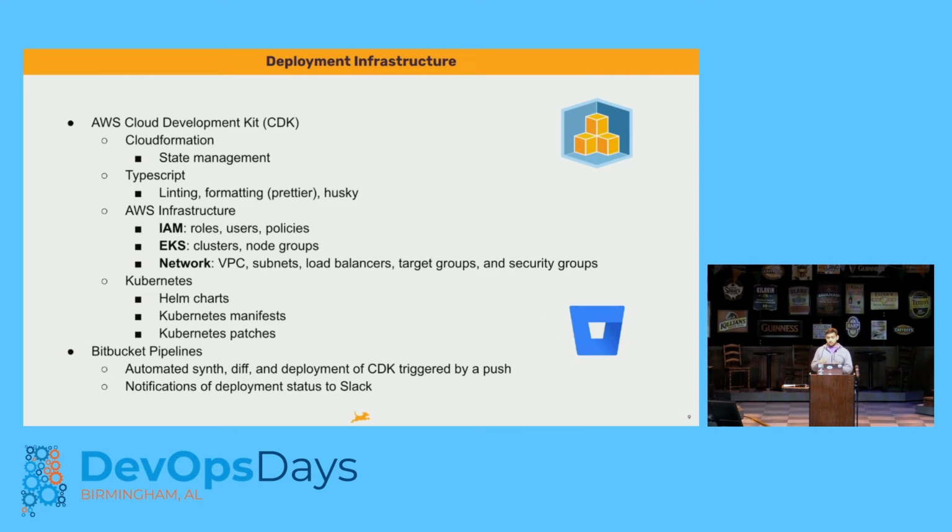This even gives us YAML level differences in our Kubernetes manifests, which is super nice. And then it will actually do the deployment. In some of our production ones, we have a manual trigger just as a sanity check. But our non-prod environments are just automated. They will go straight to deployment, and then notify us in Slack so we know what's actually happening.